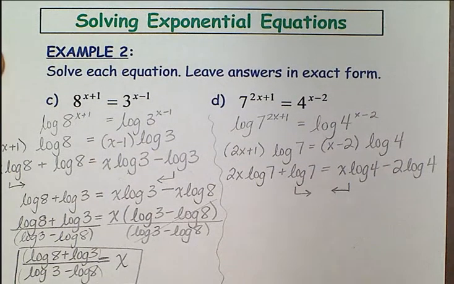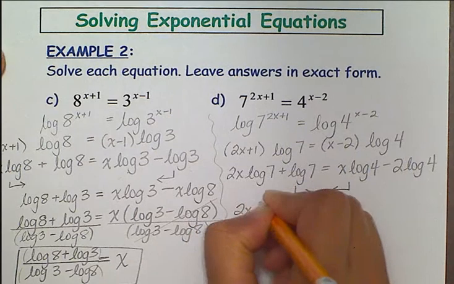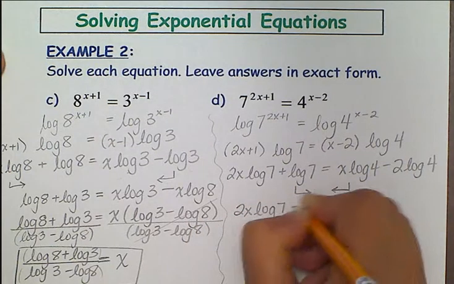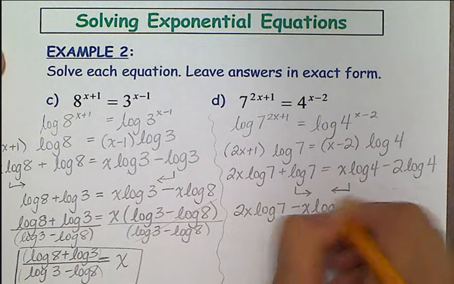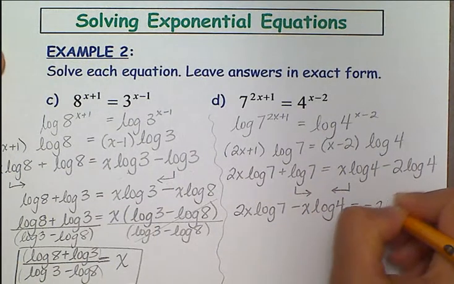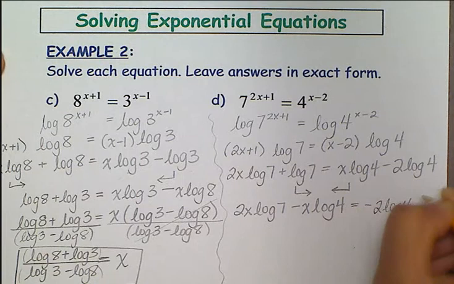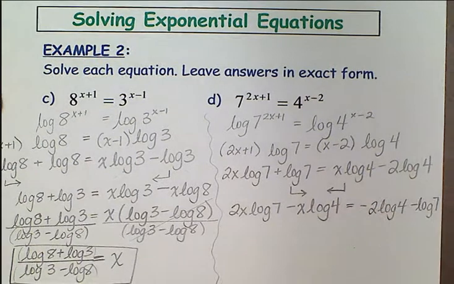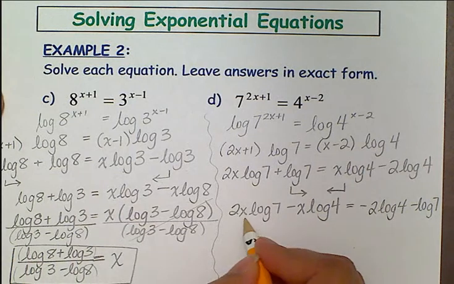And so I get 2x times the log of 7 minus x times the log of 4, and that'll equal negative 2 log of 4 minus the log of 7. Okay, so now the left-hand side, the first term and the second term both have a common factor of x.